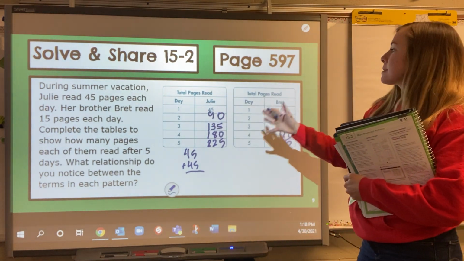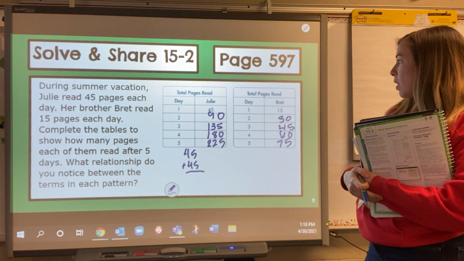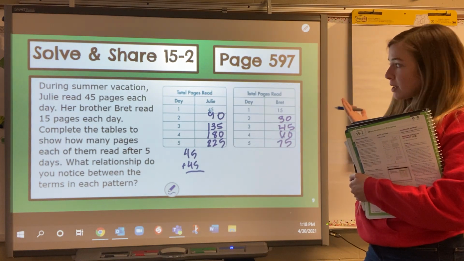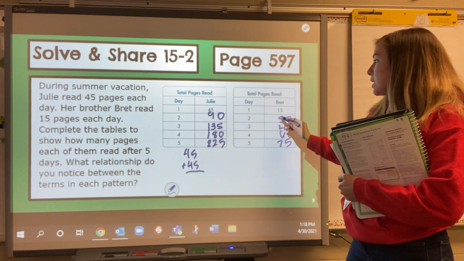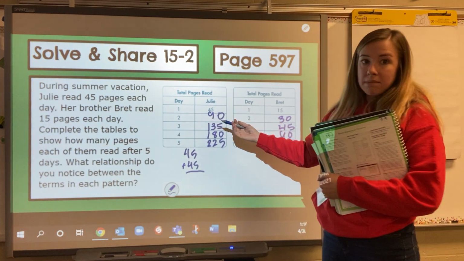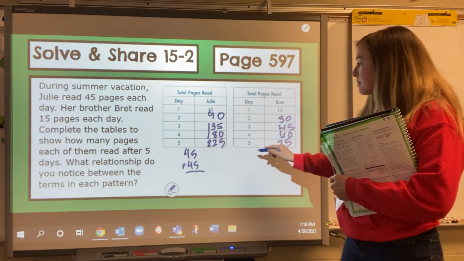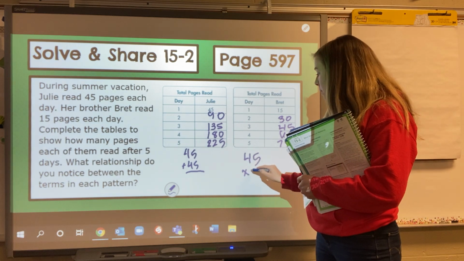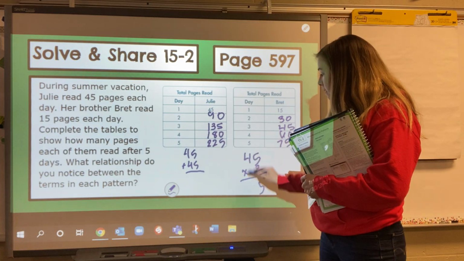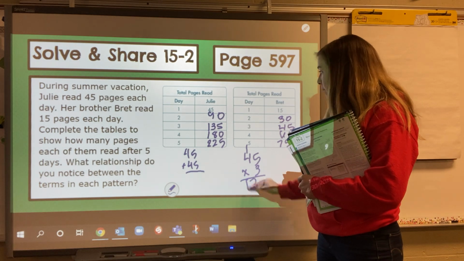So the relationship that you should notice is that if I go from 15 to 45, how many times more is Julie reading? Well, I know 15 times 3 is 45. So if I did 30 times 3, would that be 90? Yeah. If I did 45 times 3, and I can always check that down below, I get 135.